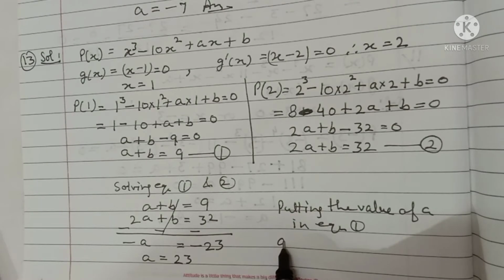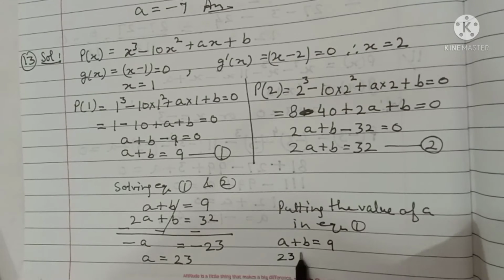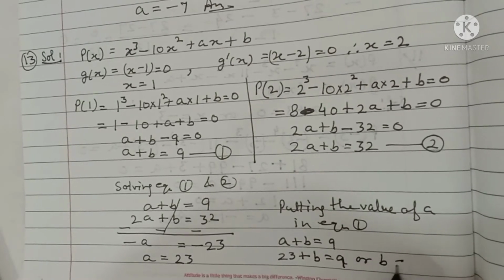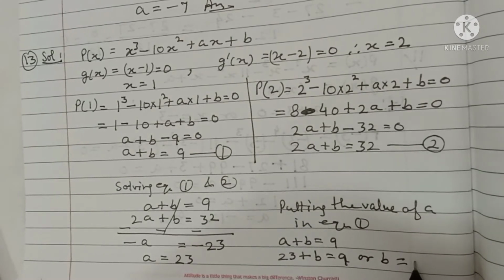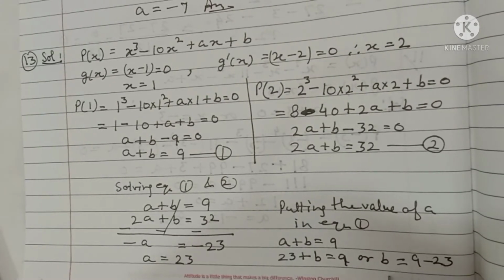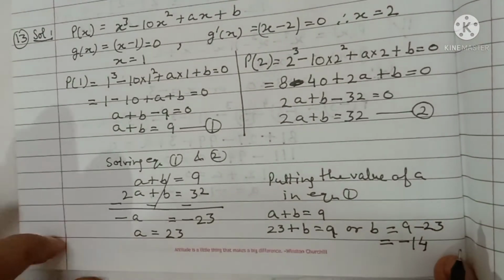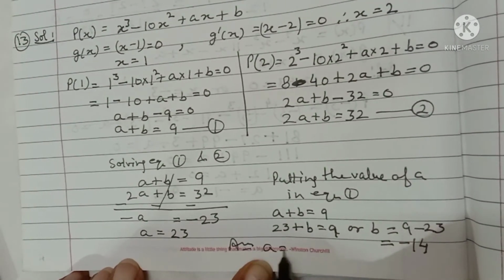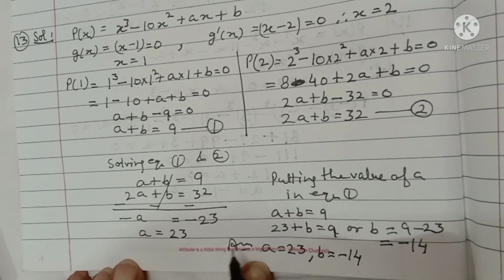So a plus b is equal to 9, 23 plus b is equal to 9, or b is equal to 9 minus 23. 9 minus 23, you will get minus 14. Answer: a is equal to 23 and b is equal to minus 14. This is the answer.